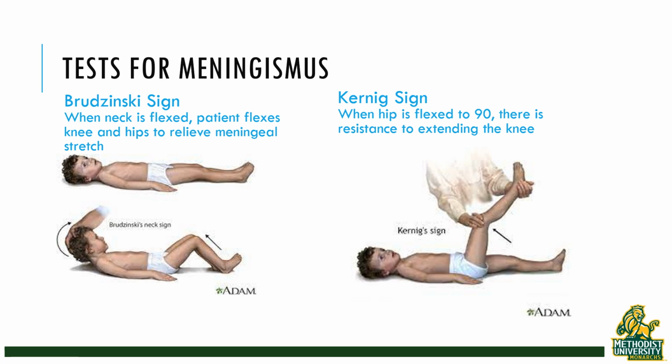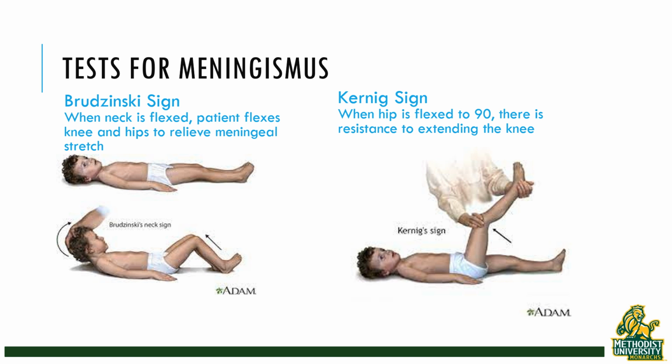And the two tests that are done to check for meningismus include something called the Brudzinski sign and the Koenig sign. In the Brudzinski sign, we flex the patient's neck. And here we're showing a child because many of the times when you're suspecting meningitis, it's going to be in a kid with a high fever.